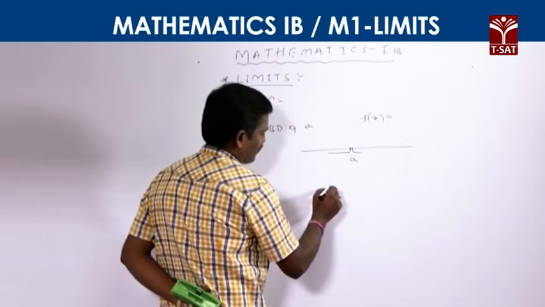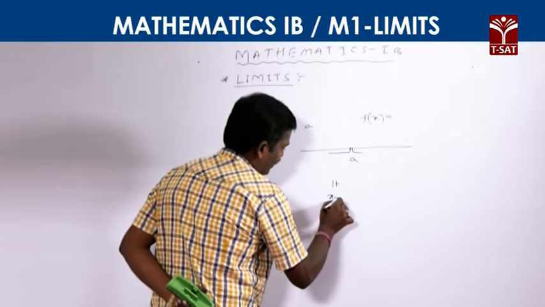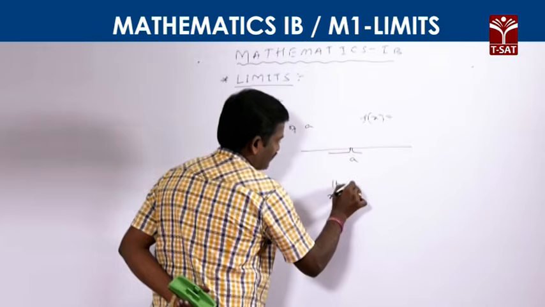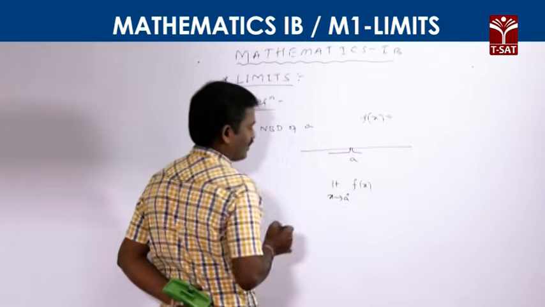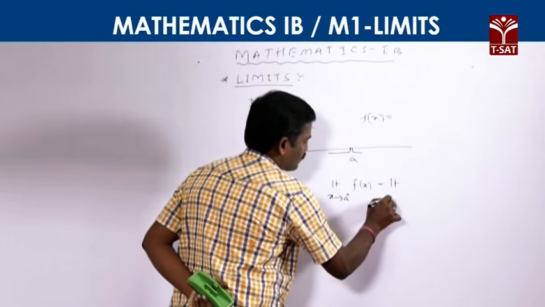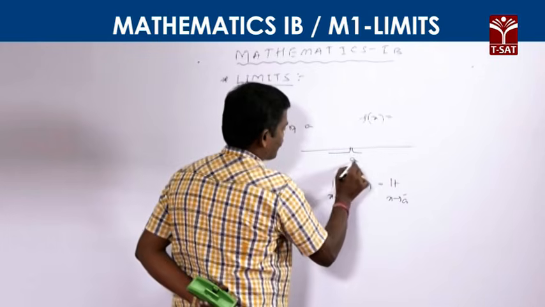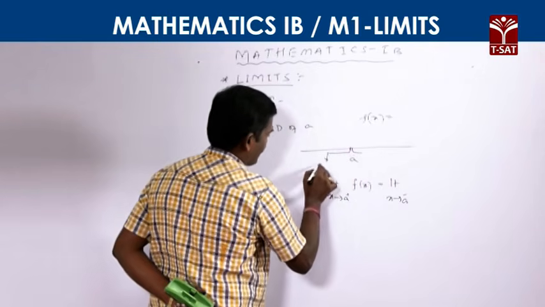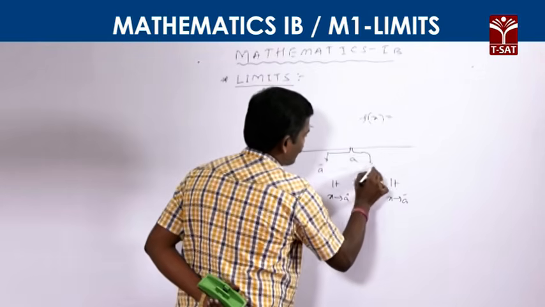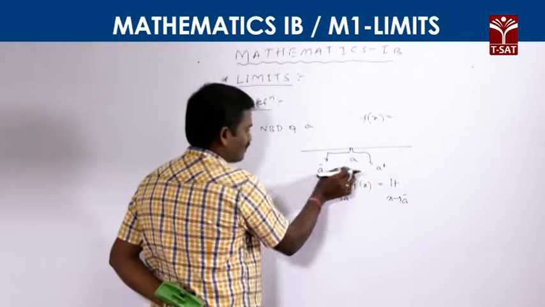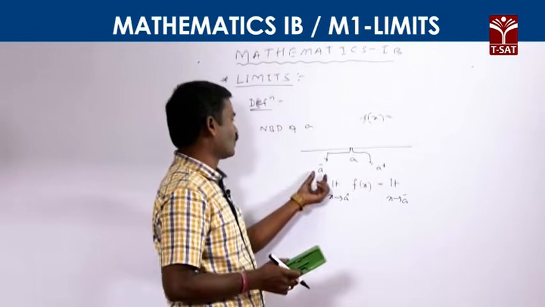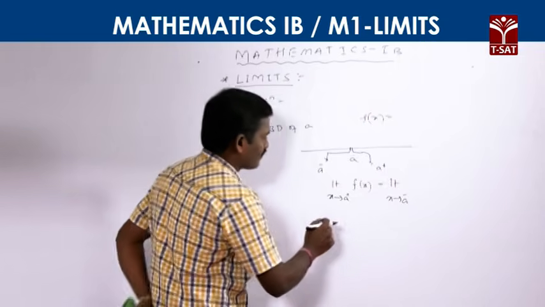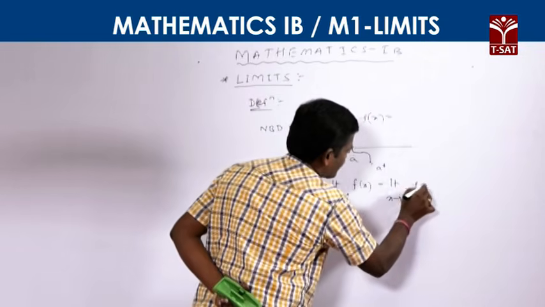So that definition: limit extends to a plus of f(x) we are taking here, and limit extends to a minus. This value is nothing but a minus, and this value is nothing but a plus. So here, the values near a, both are nearer values. At these values you are getting the same answer.